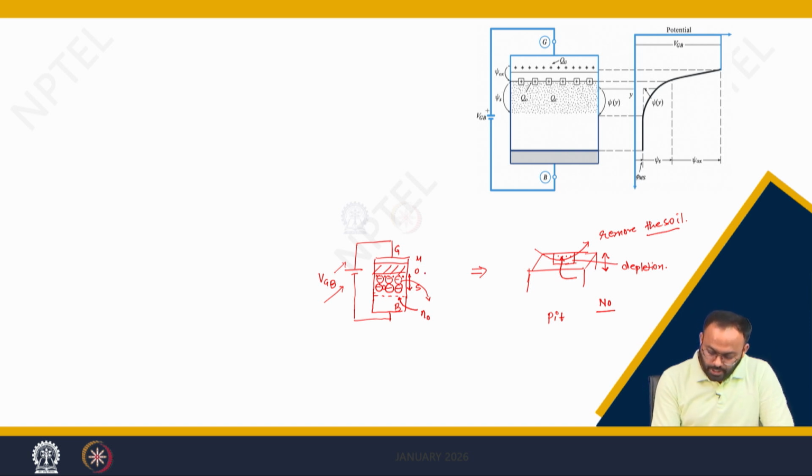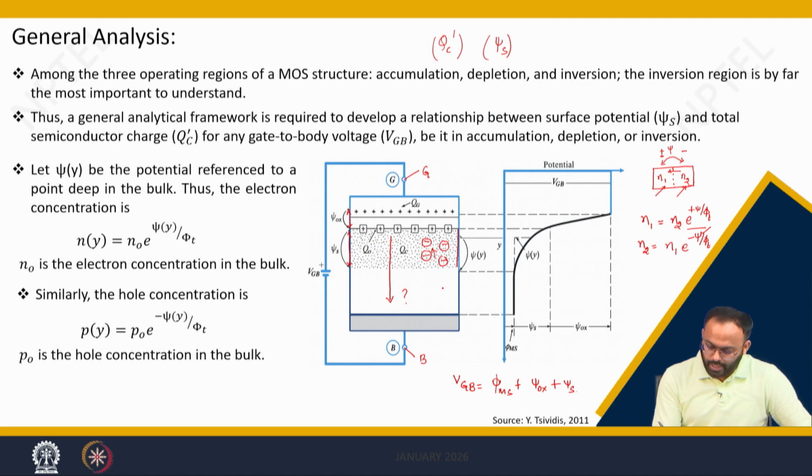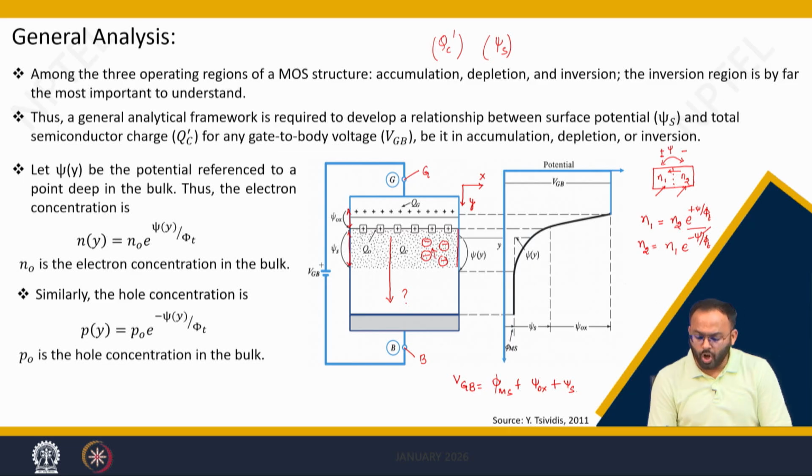So there will be a potential drop across this surface which causes this inversion or depletion. That is what we call the surface potential. Let us consider that this dimension is the x dimension and this dimension is the y dimension. So we are going to formulate the relation in terms of y, not considering surface potential as of now.